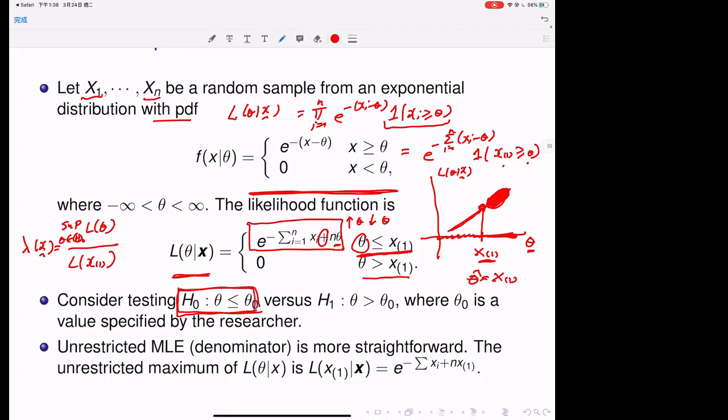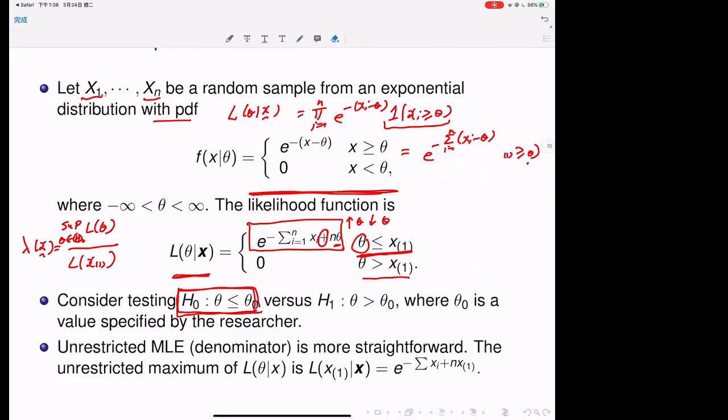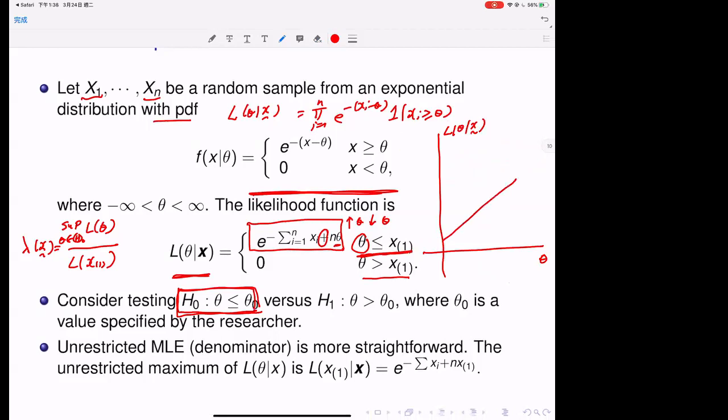Going back to this, this is really ugly, so let me draw a bigger graph. This is L theta given xi, an increasing function of theta until x1, and then it becomes 0.